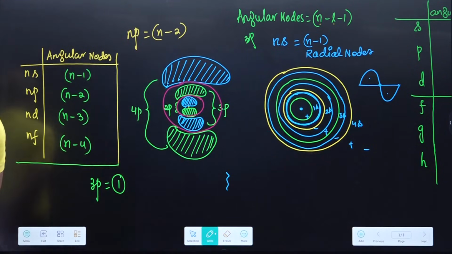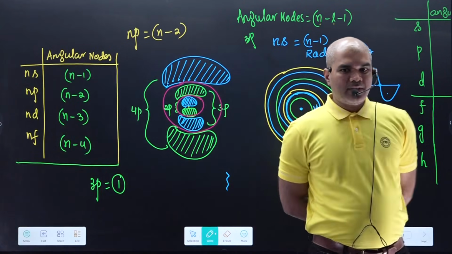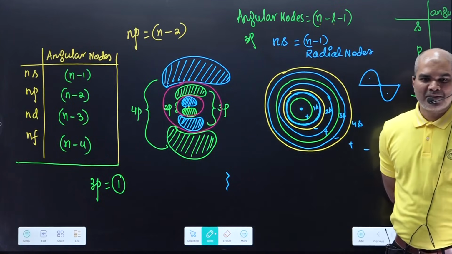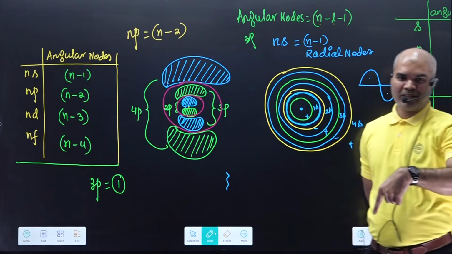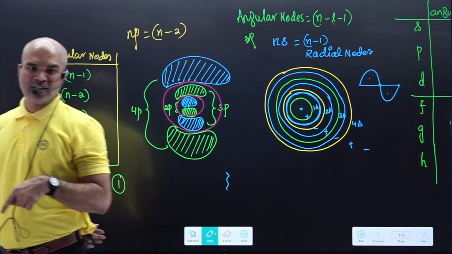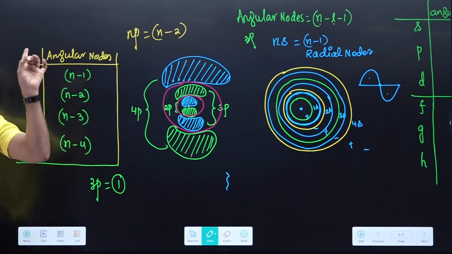Because it is nearer to the nucleus. Okay, if I ask you 3s and 2p, who is nearer? Or I'll ask you 5s, 2p, who is nearer? 2p is nearer because it is in the second shell, but 3s or 4s is farther.